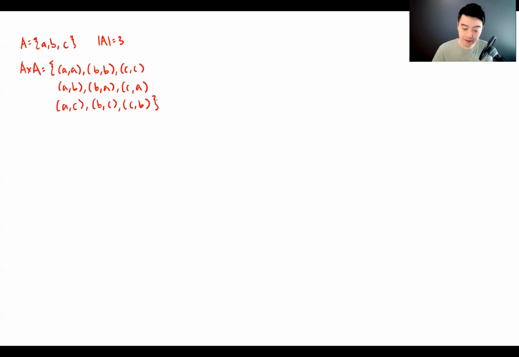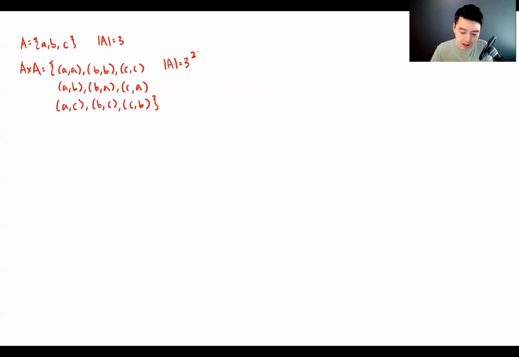So that is the set A cross A. Now, if you do a little bit of counting, this says that the size of A cross A is equal to 9, or I'm going to put it as 3 times 3. So it's always the size of A times the size of A, or size of A squared. In fact, let's put it as 3 squared. This will be easier to generalize a little bit later.